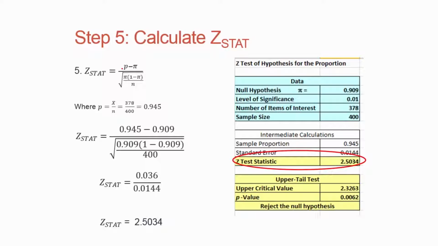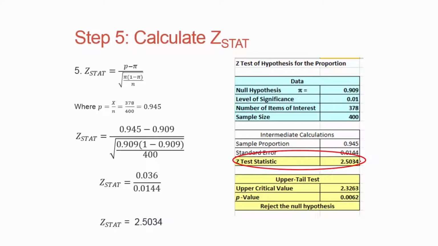I plug that into my formula here, that's p, this is pi, square root of pi times 1 minus pi over n. And so then I solve and I get the z statistic for step 5 is going to be 2.5034. We can also find that by using our PHStat result for the test statistic, and that was 2.5034.